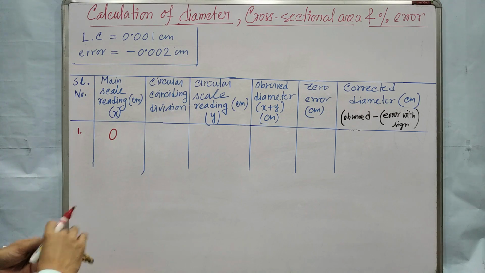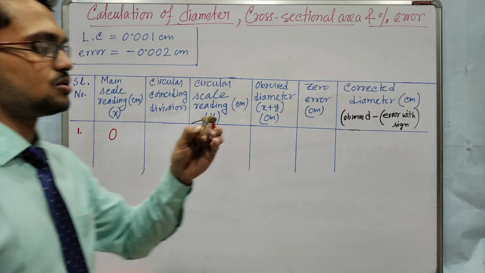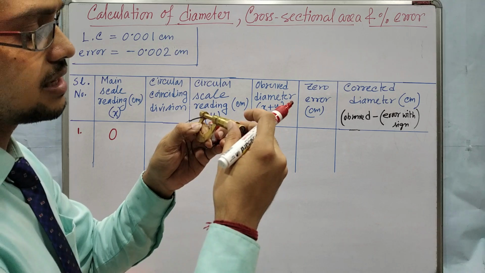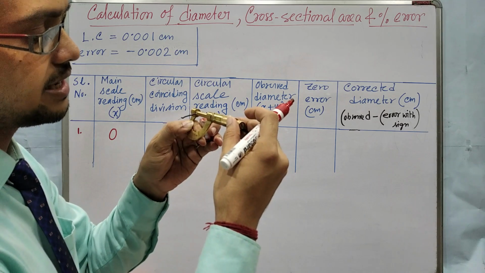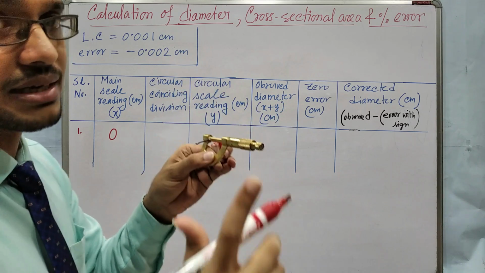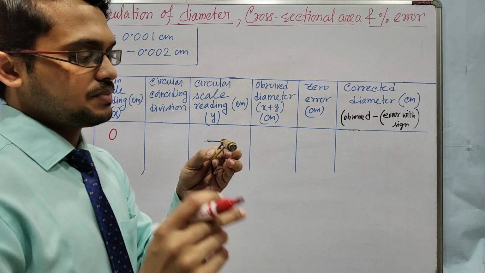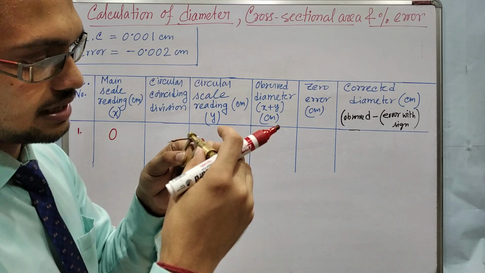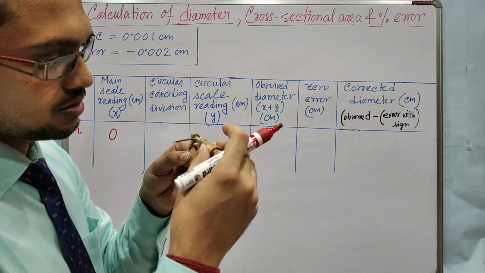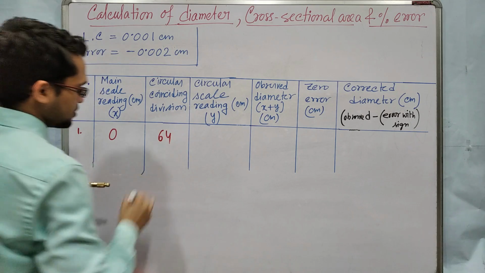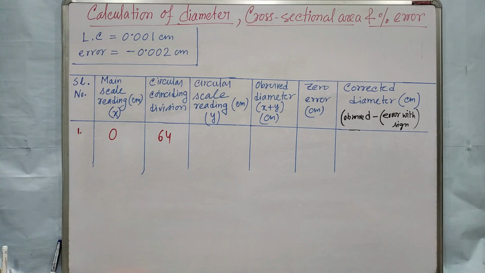Now the circular coinciding division. After this, our next step is to take the circular coinciding division reading. That means any one marking on the circular scale will be in the same line with the baseline. Here I am saying it is almost 64. Note down that data.